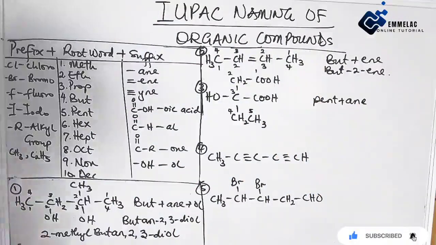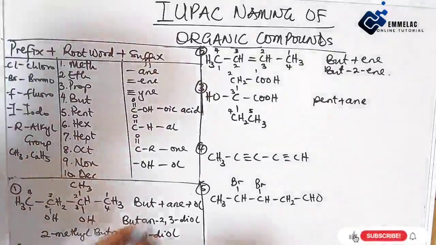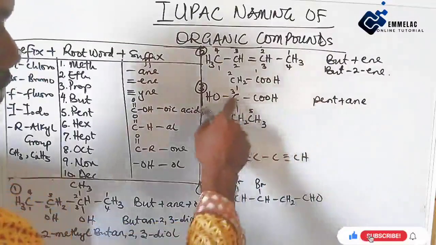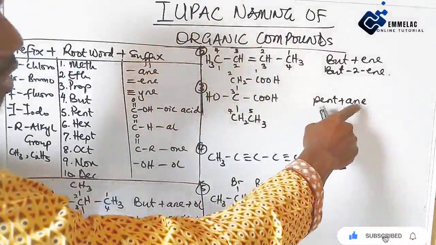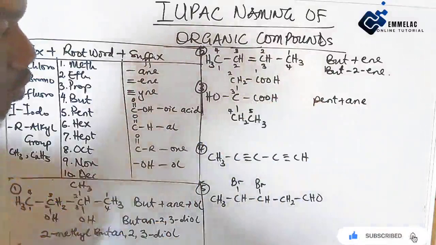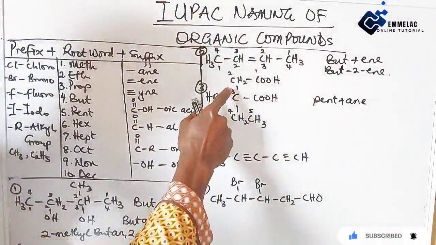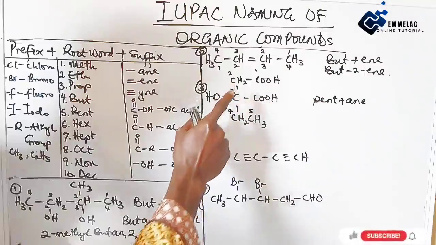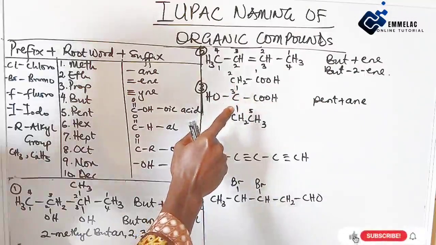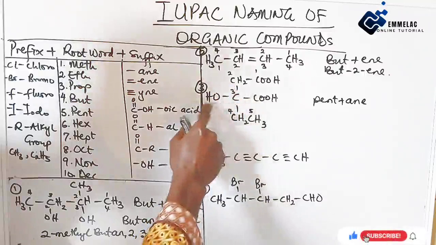What next is to ascertain the functional group. I'm using this because it is just a single bond here. Since we are starting from here, this is 1, 2, 3, then 3.